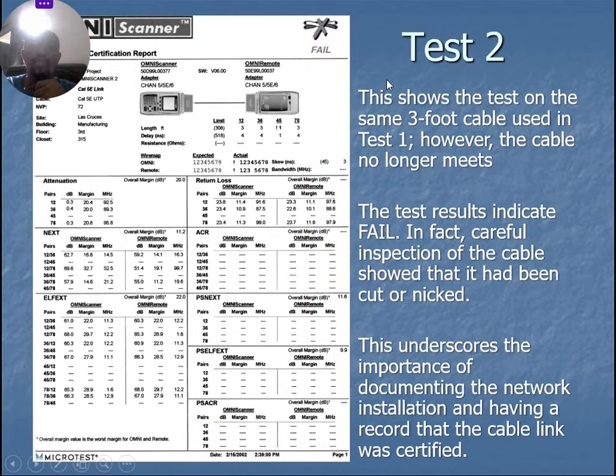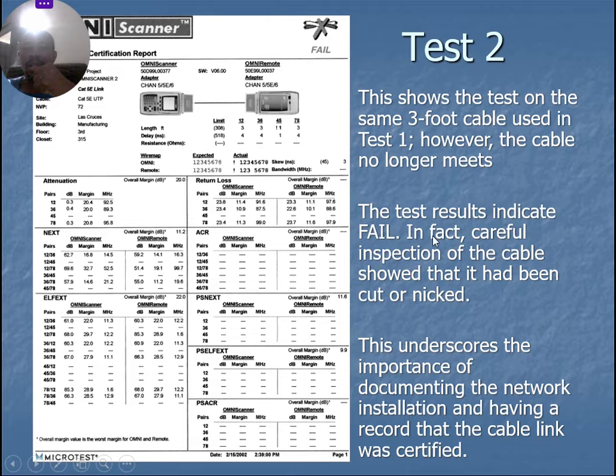Now, if you look at test 2, the overall result is fail. This cable failed. What we tested for was not a success. Test 2 shows the test on the same 3-feet cable used in test 1. However, the cable no longer meets the standard or specification.